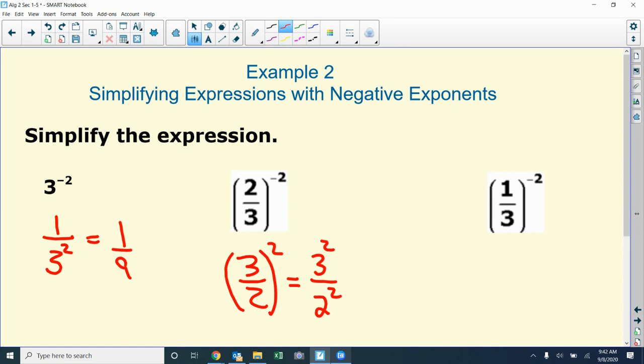Does that make sense? So now we end up with 9/4. So that is a property that I'm going to show you here in a second, but there's a good example of it right there.